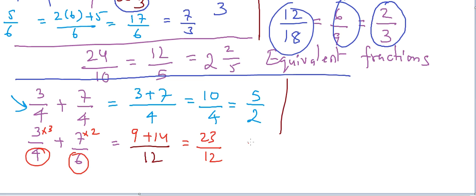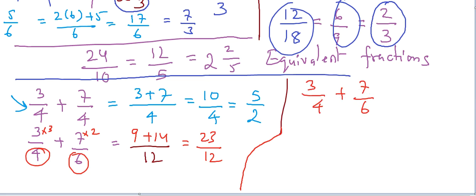Of course, without taking the LCM also you can add two fractions. You can take the common denominator as the LCM in that case, or any multiple of the LCM. So here suppose you multiply the denominators, 4 into 6, for 3 by 4 plus 7 by 6.